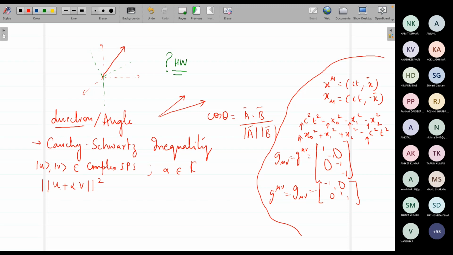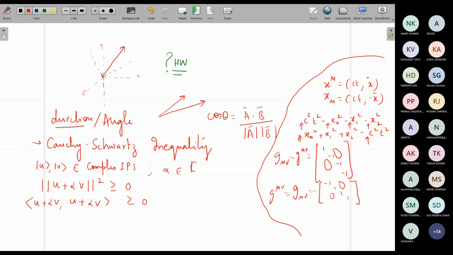So if it is part of the same space, what will be the rule for the norm square? It should be greater than or equal to 0. Absolutely right. So let's write this down: (u plus alpha v, u plus alpha v) should be greater than or equal to 0.